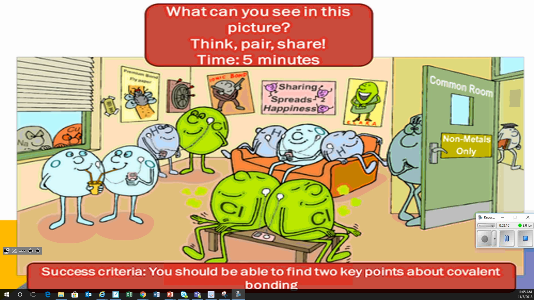Okay, just looking at this picture. You can talk to your partner, somebody near you. If you don't have a partner, you can buddy up. I'm not going to give you 5 minutes because it's way too long. What 2 things should you be able to find about covalent bonding? 2 key things.